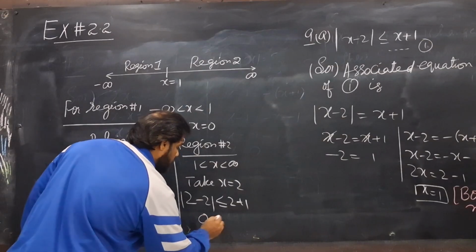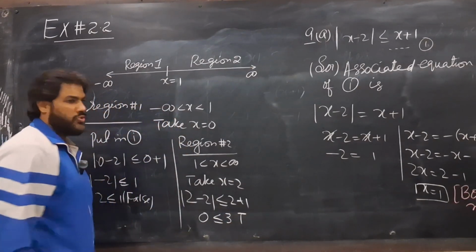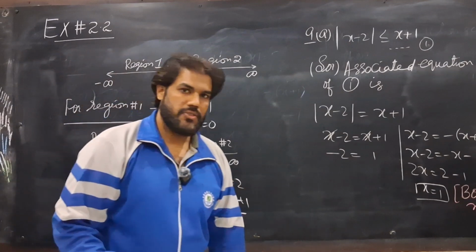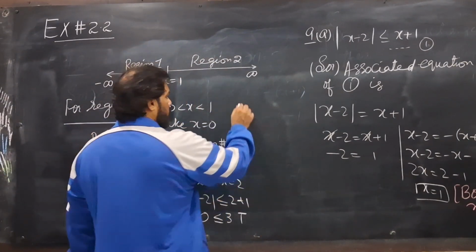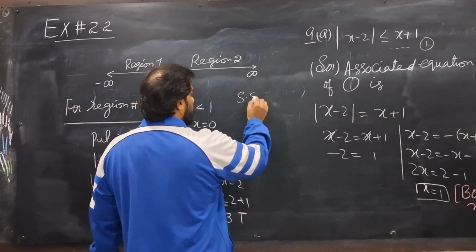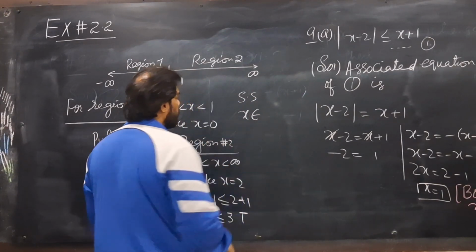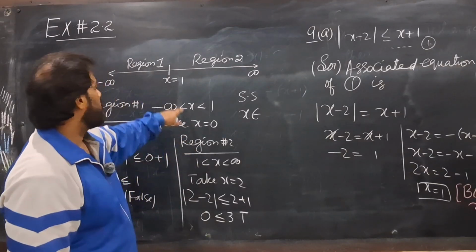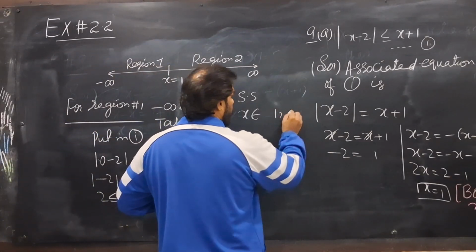This is equal to 0. 0 less than or equal to 3. This is true. This shows that the solution lies in region 2. So, the solution set of the given inequality is x belongs to the interval from 1 to infinity.